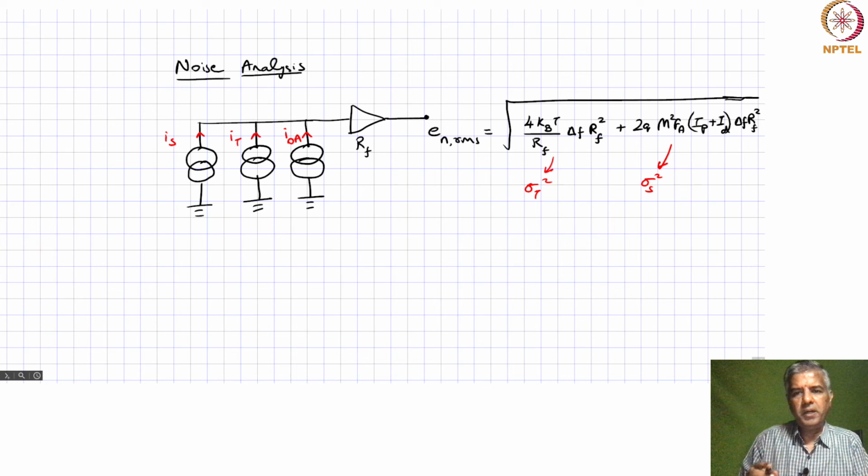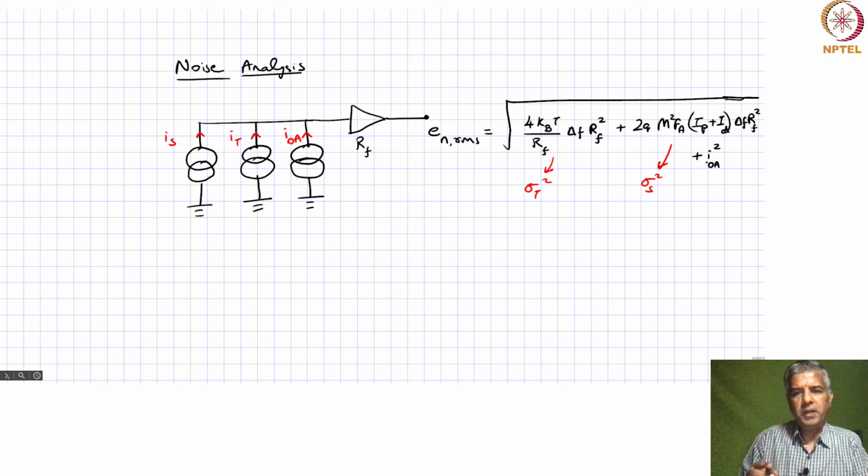And then you also have, like we talked about, the noise due to the op amp itself. That is quantified as plus I_OA square, which is the op amp current.